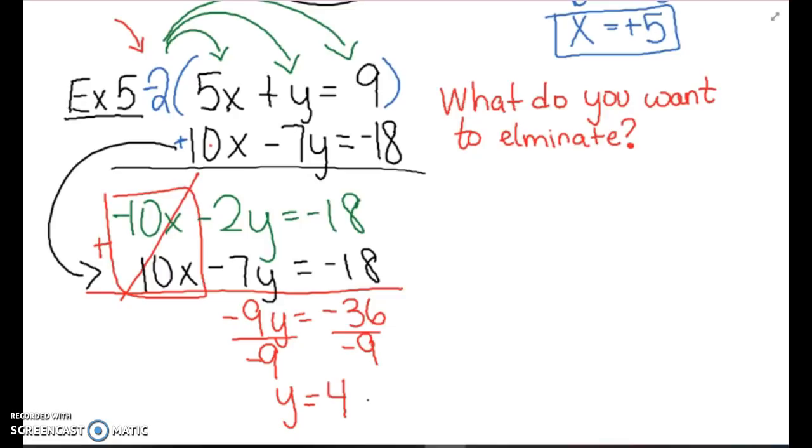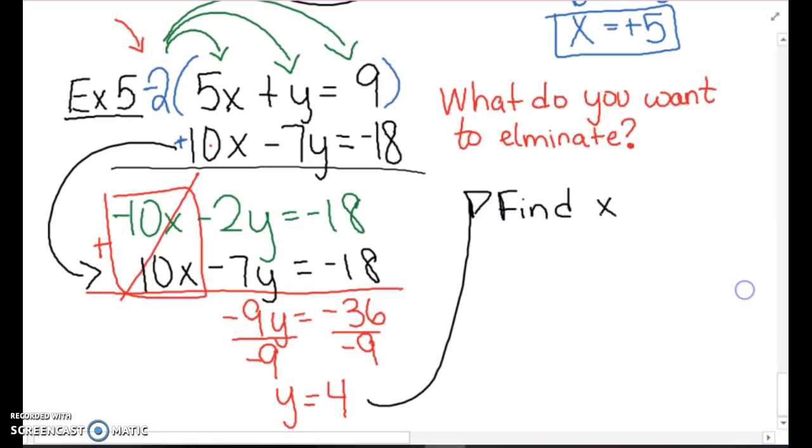Now I need to find my x. Again, you don't want to use your changed equation because you're more likely to make mistakes that way. Use the original equation. So I'm going to use 5x plus y equals 9. And we figured y was 4. So let me erase the y and plug in a 4.